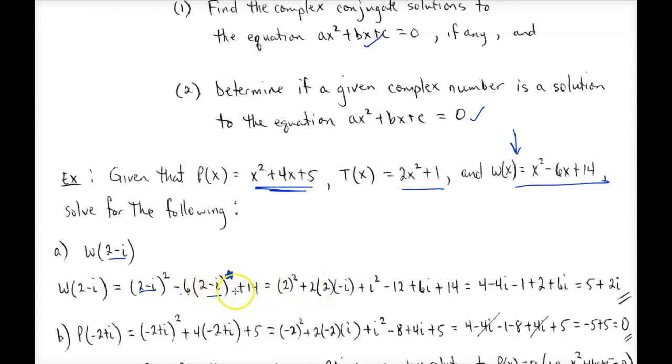So if we're looking here, what we are seeing is this 2 minus i squared. If we factor this out, that will be these first 3 terms here. So that's basically 2 squared plus 2 times a negative 1i times 2, and then negative i squared.